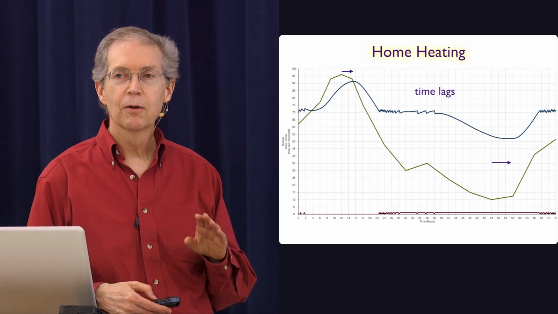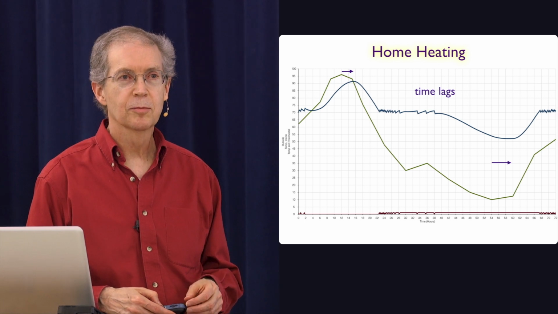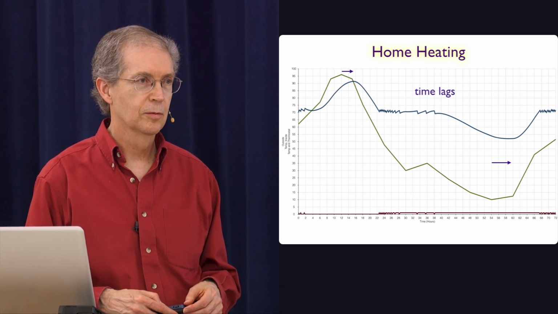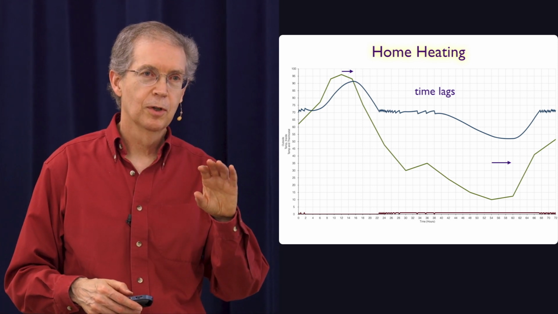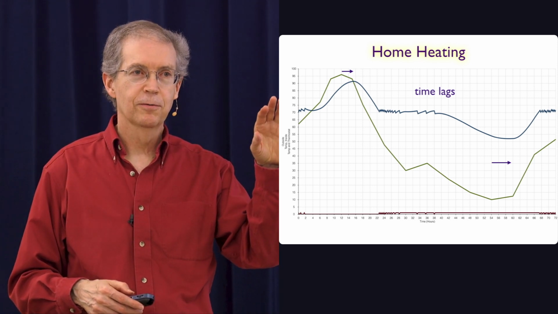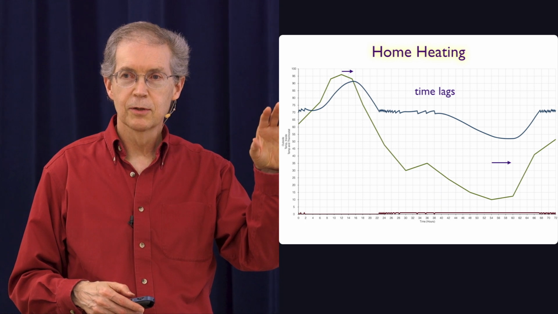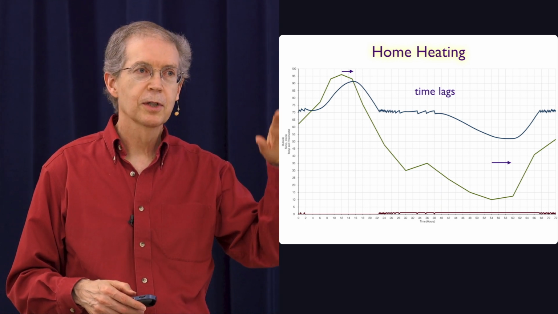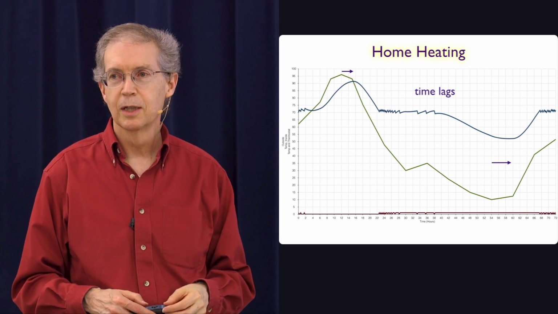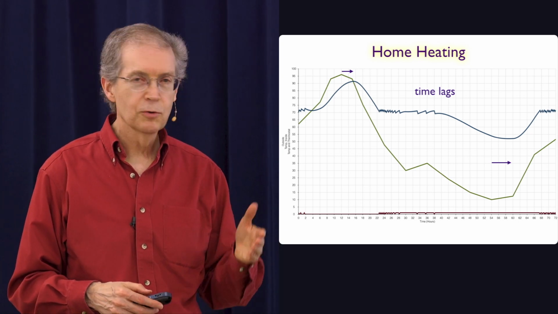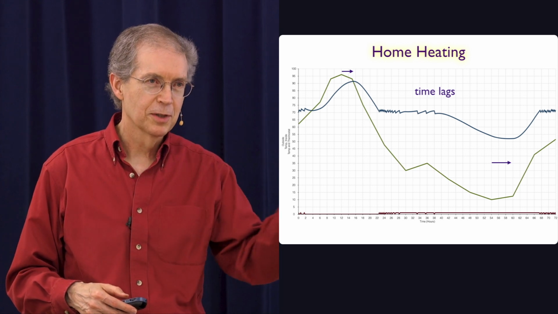Time lags are very common in systems that have any kind of stock in them, because what happens is that you start the flow, but it takes a while for that flow to fill into the stock. And then whatever it is that the stock is then influencing gets you again. Flows are kind of like pipes.